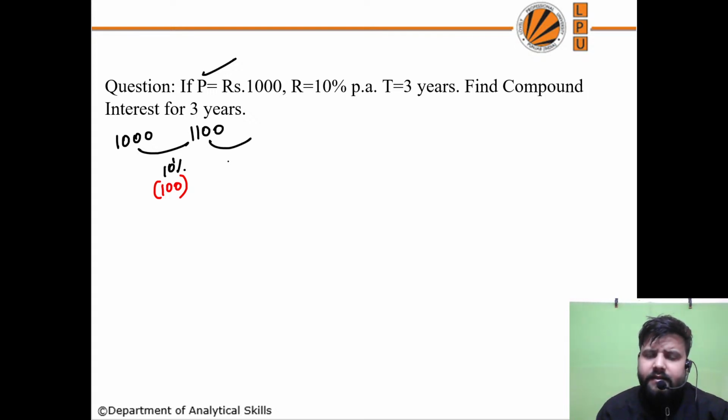Then again, in the second year, 10% is charged over it. Now the 10% will be on 1100. So 10% of it is 110. Getting it? Now the new principal for the third year becomes 1210. Now in the third year, again 10% over it.